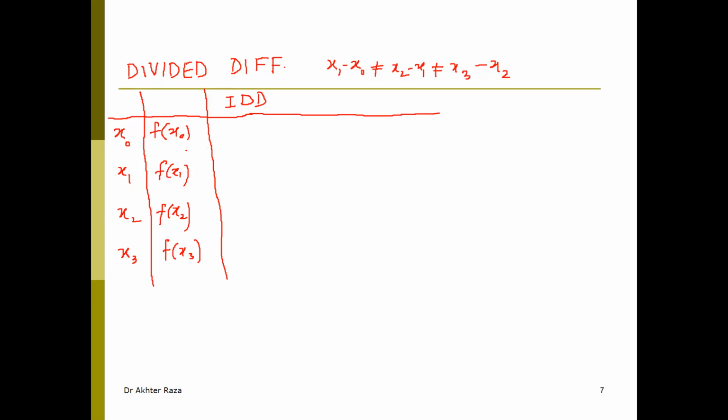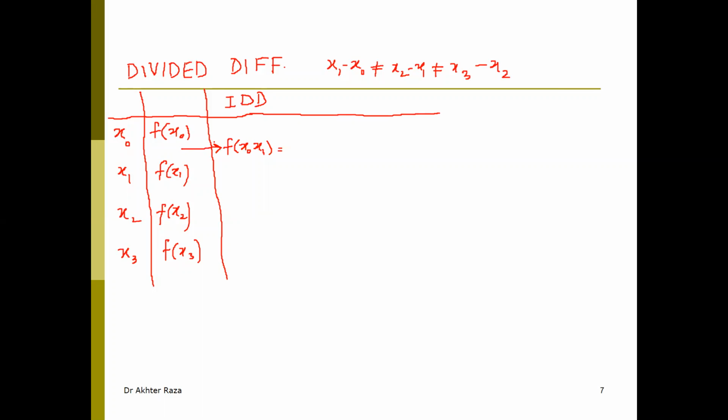The first divided differences can be computed by f of x naught, x1. This is the divided difference computed in between x1 and x naught. This is the notation used for the first order divided difference.